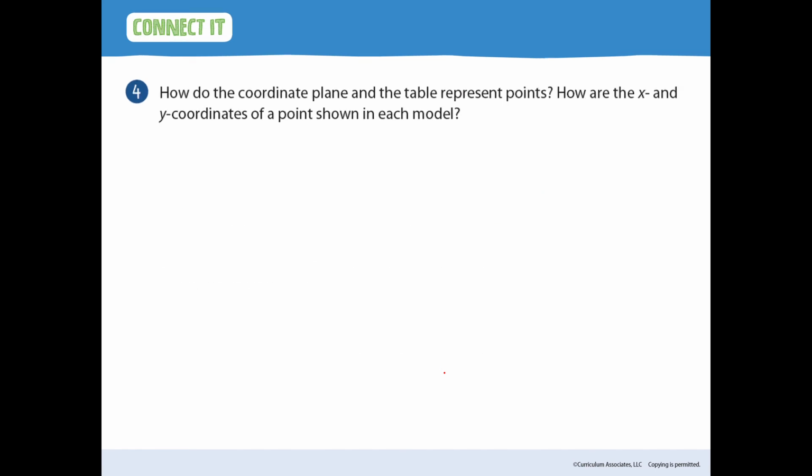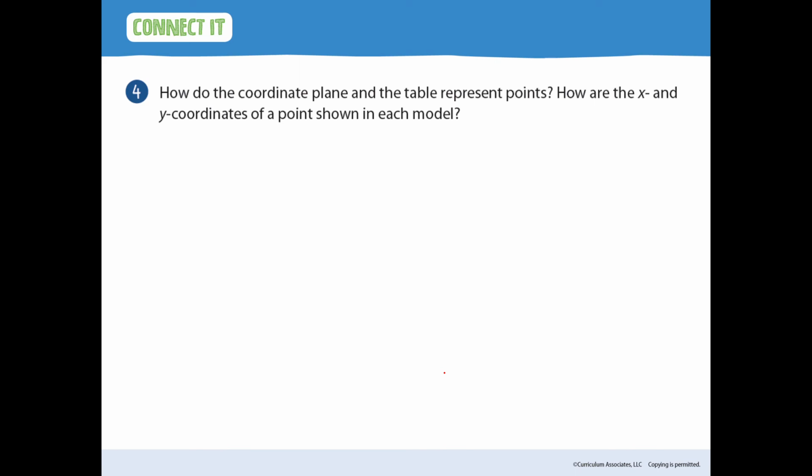Number 4. How do the coordinate plane and the table represent points? How are the x and y coordinates of a point shown in each model? Press pause on your video and write down your answers. There are 2 questions here, so you should have 2 sentences, and then press play to check. All right.